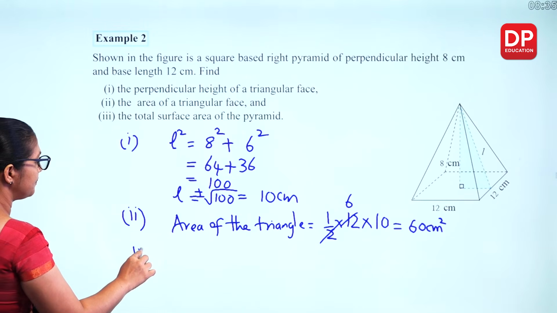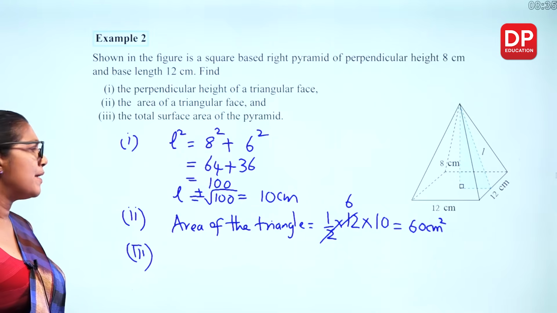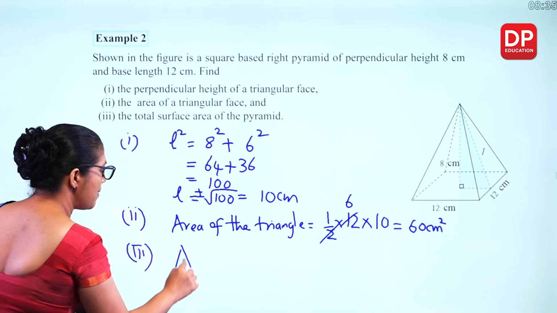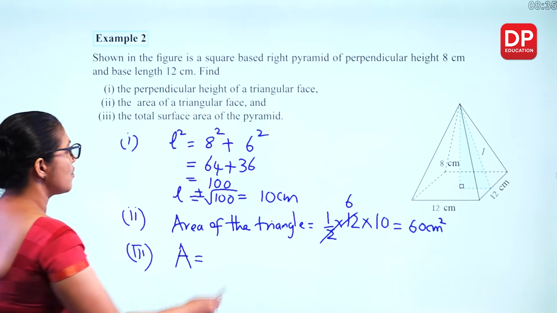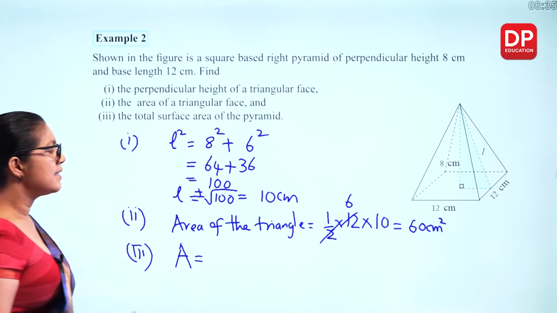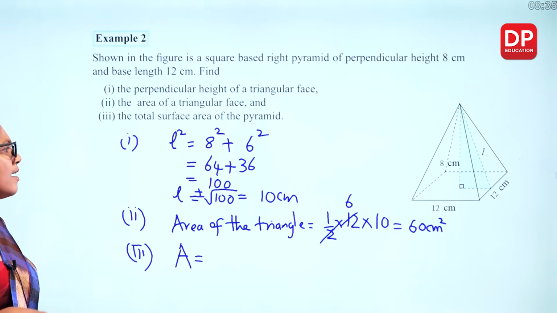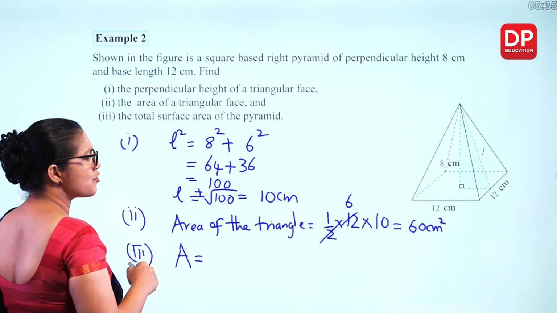Now what's the third part? The total surface area of the pyramid. So total surface area of the pyramid is, what's the formula? You can either use the triangle area multiplied by 4 and the base area, or if you can remember the formula, a squared plus 2al. So we'll use this answer, area of the triangle.